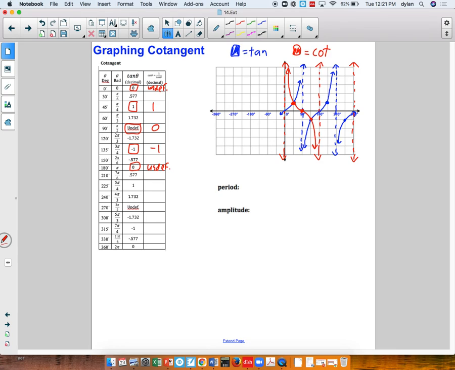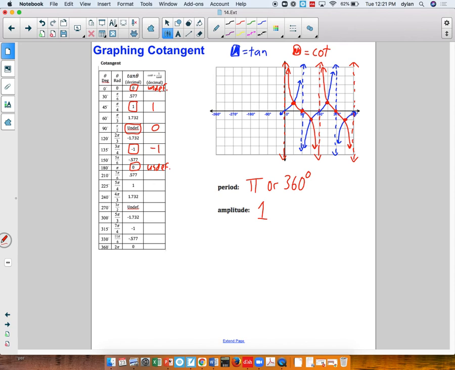And so then we've got the same thing where we can put in our points again for a second cycle of cotangent and see how that looks as well. So as a reminder, the cotangent period is pi or 360 degrees. The default amplitude is 1, but remember that the amplitude is just reflecting kind of where those intermediate points go.